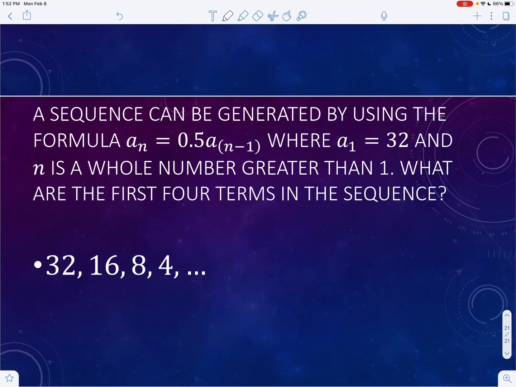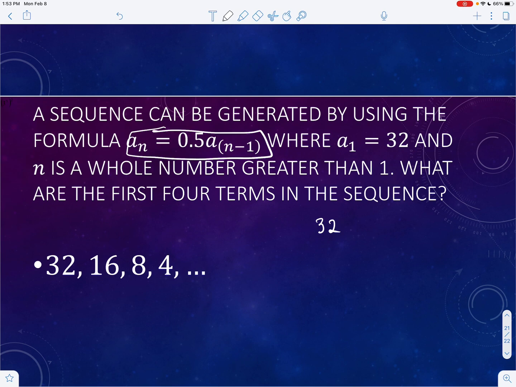Finally, we have another problem similar to the previous one, where we're given a sub n is equal to 0.5 a sub n minus 1, where a1 is 32, and n is a whole number greater than 1. a1 is 32, and we're given this formula. This is a recursive formula, basically like our now next rule.